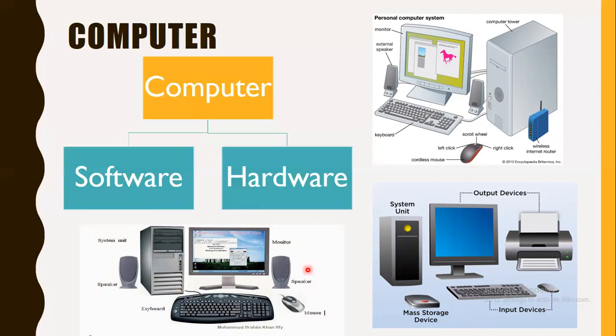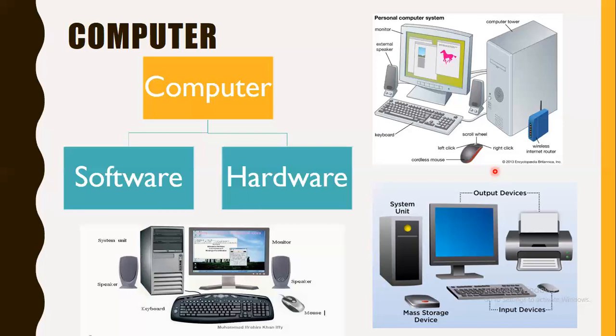So we know that a computer always comprises two parts. One is hardware and the other is software. So these are the hardware components that you can see in these pictures. So what is the basic difference between hardware and software?